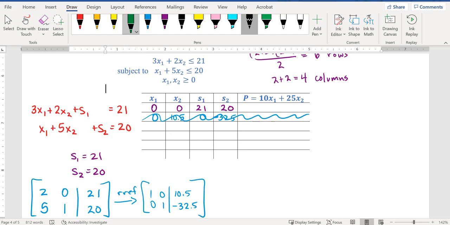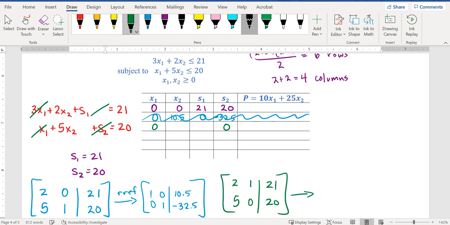We let x1 be 0, and this time let s2 be 0. So now I have 2, 1, 21, and 5, 0, 20, and I want to RREF it.